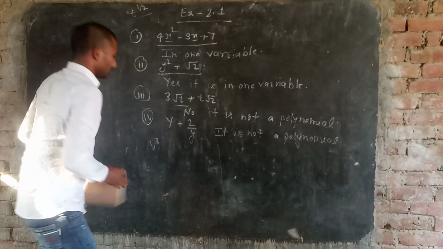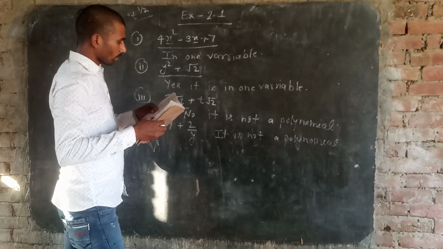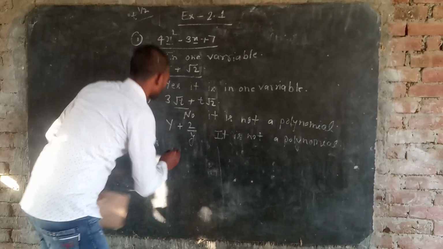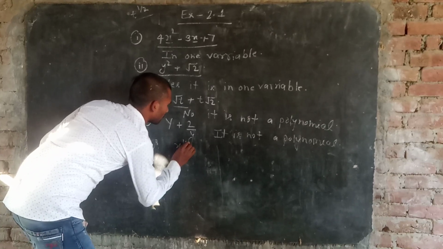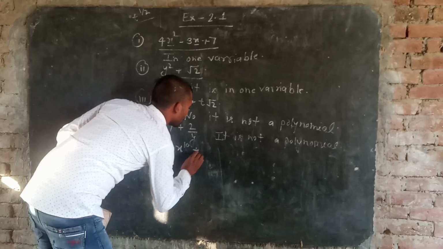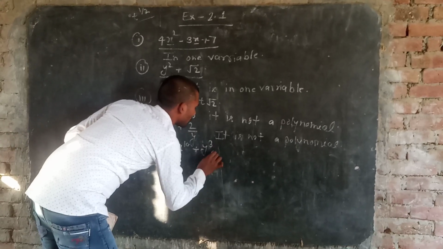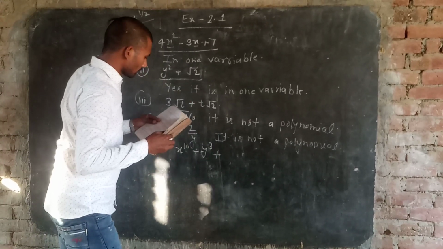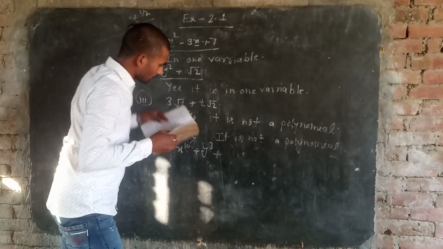Question number 5, x power 10 plus y power 3 plus t power 50.